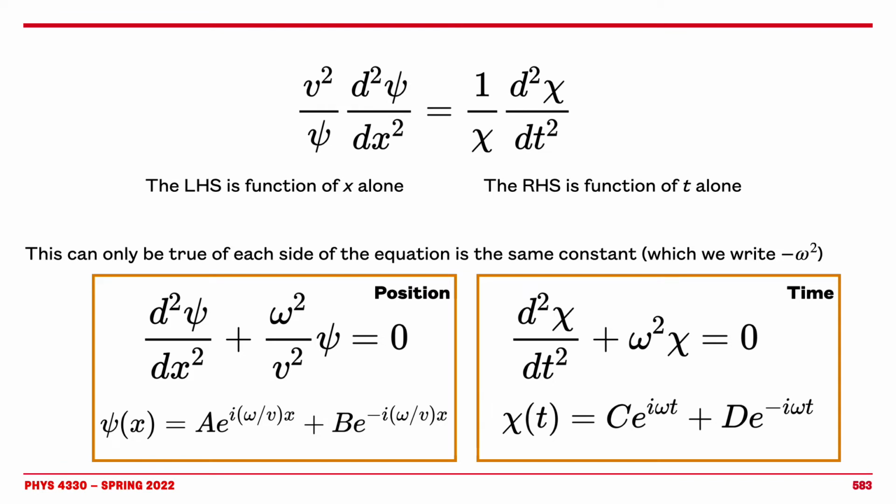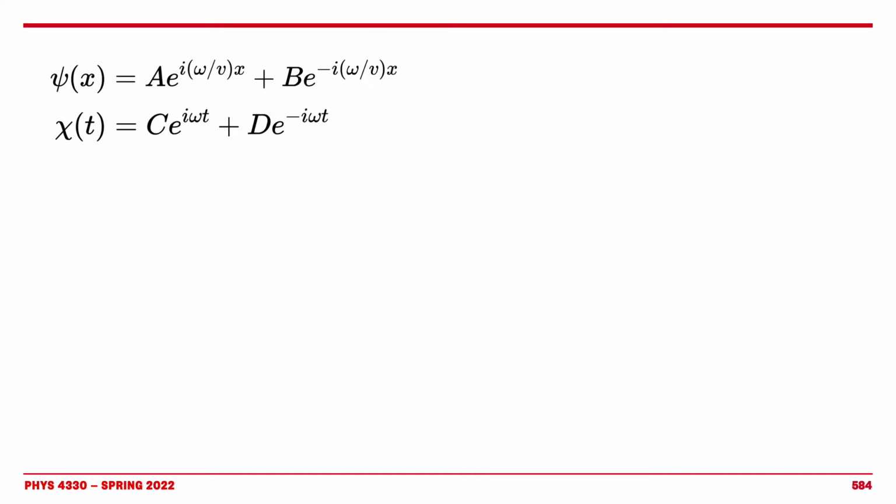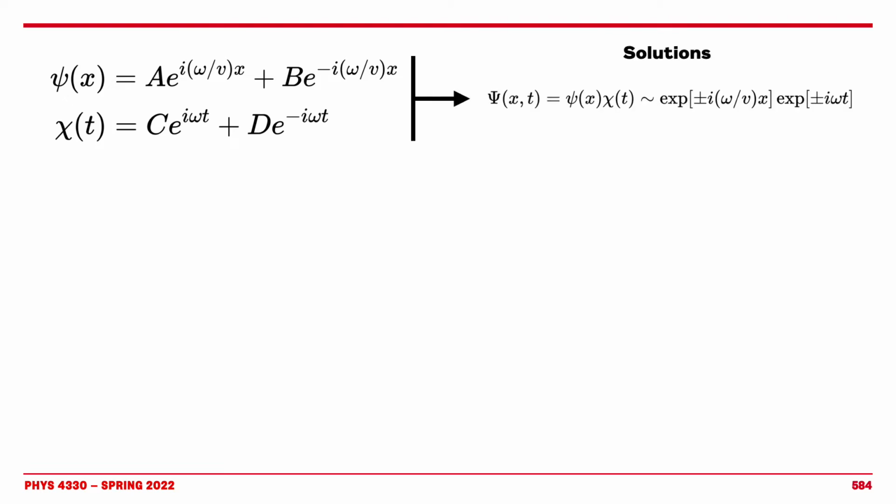So let's try to study this in a little bit more detail. Now that we know the solutions for psi of x and chi of t, we can now look at the complete wave function as a function of x and time. So we are simply substituting in the solutions, and what we find is that we are going to have a bunch of solutions that will involve various arguments in the exponential, right?